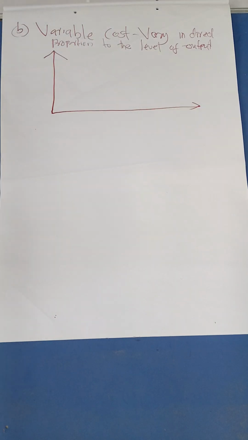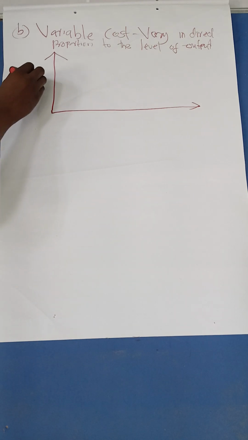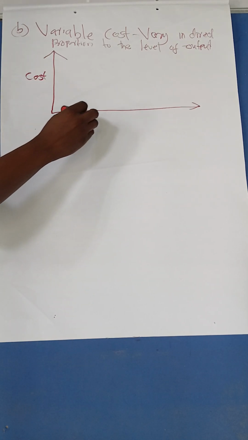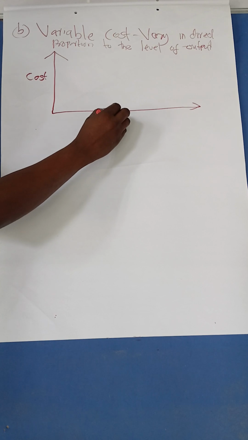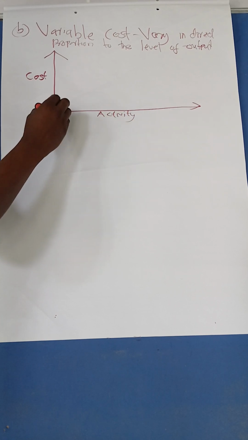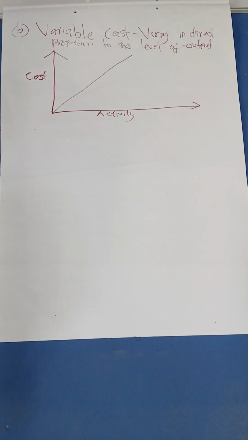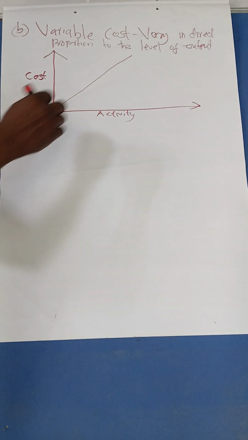This is a variable cost. So we say variable cost, with cost here and activity here. So this one will always increase. It keeps increasing and decreasing. It either can increase or it can decrease. So this is what we call the variable cost.